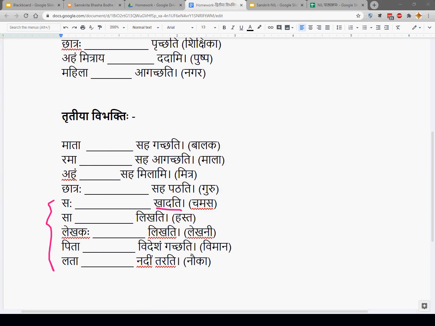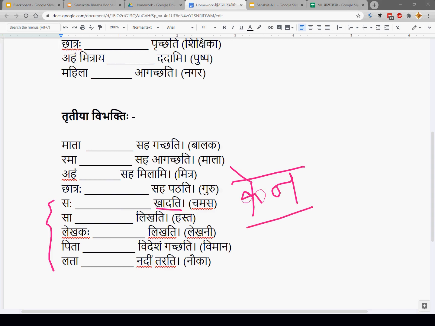Here also we can ask Kim. If we get the answer, that becomes the Karma Padam, which will be in the Dvitiya Vibhakti, or second case ending. But if we ask the question Kena, which means by what, using what, then we get the answer and we put it in the Tritiya Vibhakti.